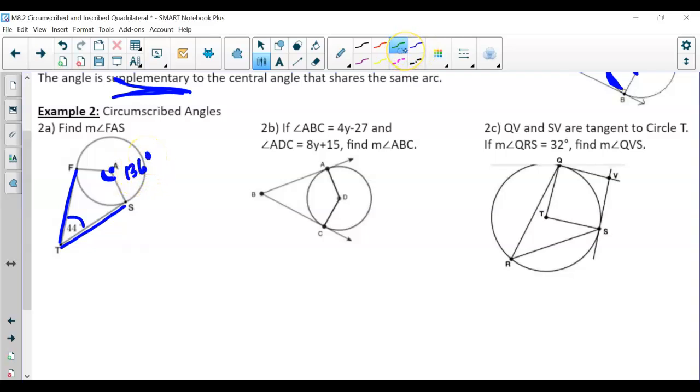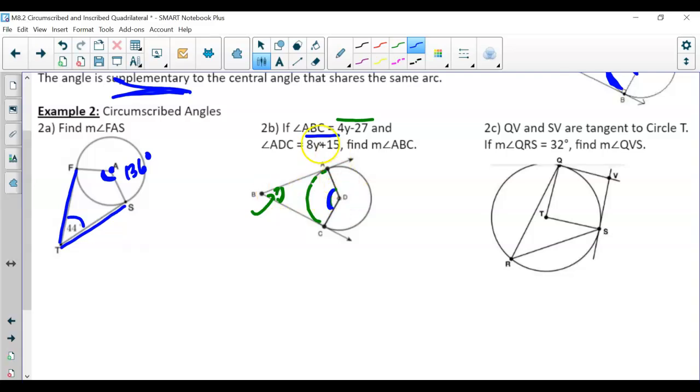So then here, we're looking for the measure of angle ABC. So we're looking for our circumscribed angle created by the two tangents. Notice it creates the same arc as the central angle. ABC here is 4y minus 7. 8y plus 15 is the central angle.